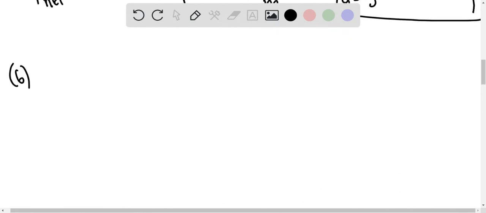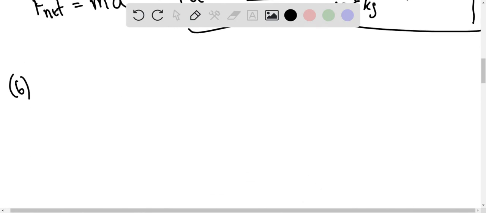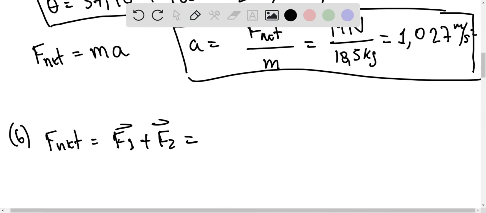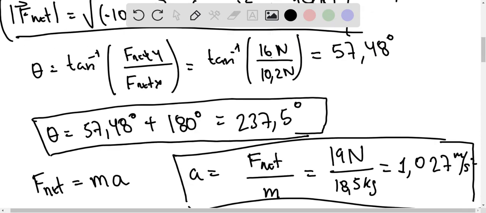Having that in mind, we simply sum for the net force, equal to the sum of these two vectors, which has 10.2 cosine of 30 degrees newtons in the x part.